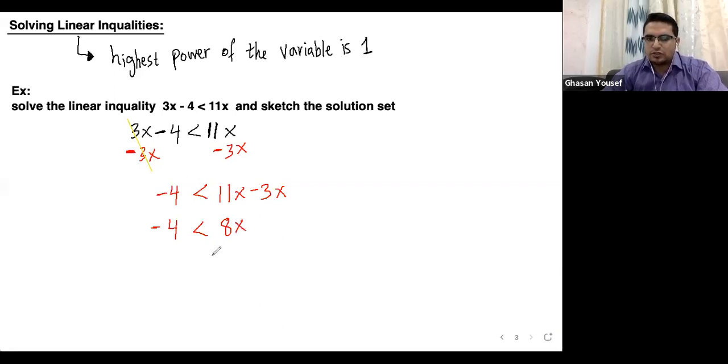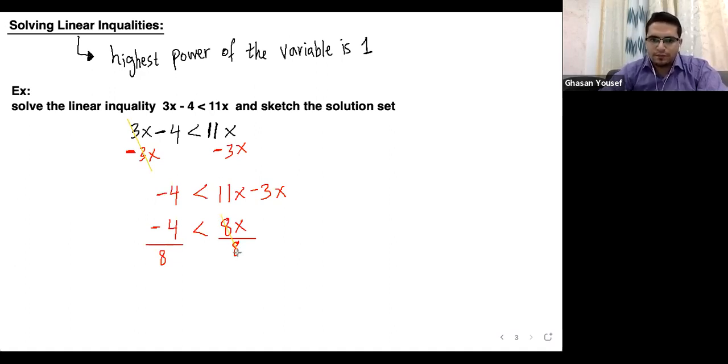Now what should we do, how can we find the value? Michael said divide by 8. This is correct too. We have to divide both sides by the coefficient of x, so we divide both sides by 8. The 8 with the 8 will cancel out.